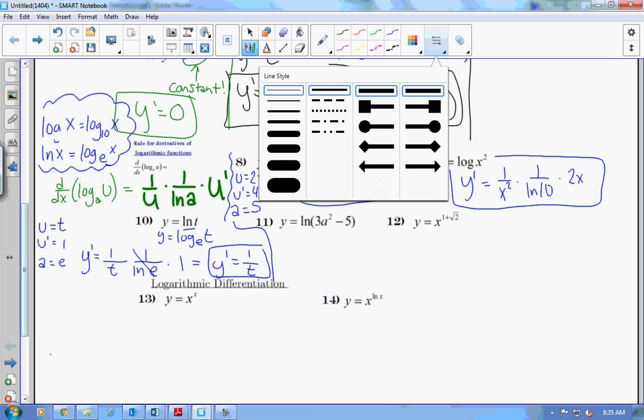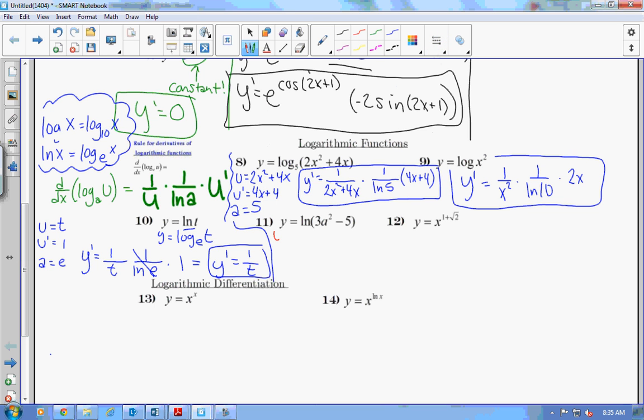Okay, for number 11, u was 3a squared minus 5. U prime was 6a. And a is e, right? Because that's log base e. So we have y prime equals 1 over 3a squared minus 5 times 1 over natural log of the base.